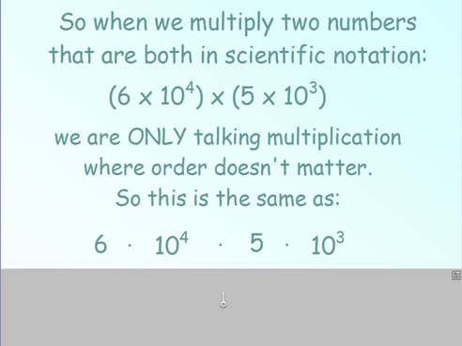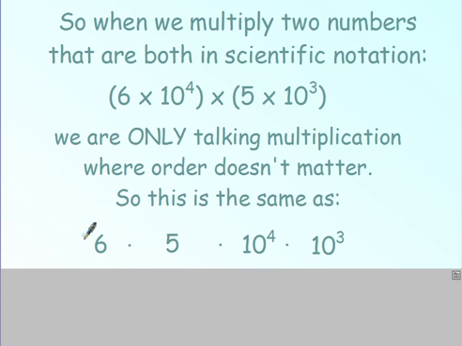Since in multiplication we also have something called the commutative property that tells me that order doesn't matter. So for instance, 3 times 4 is the same as 4 times 3. Same thing applies here. I can move the order of my numbers so that I have my coefficients together and I have my powers together.